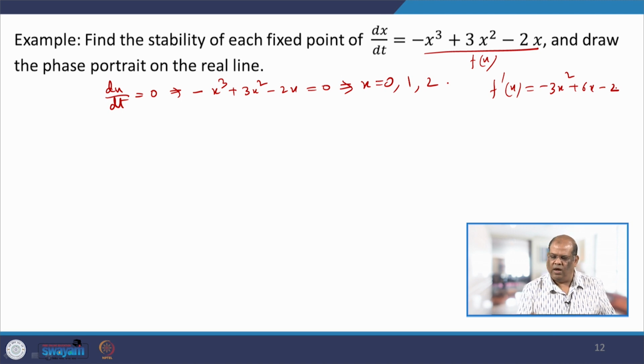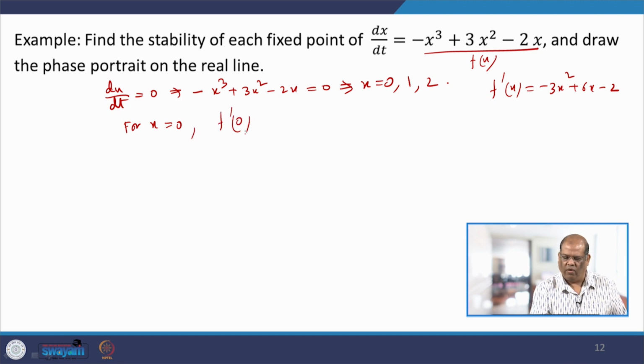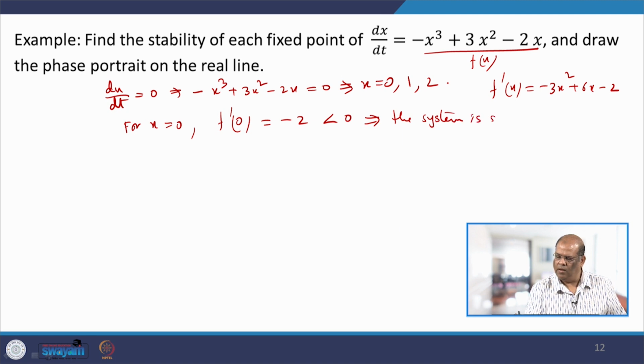Now, you have to consider each x. So, for x equal to 0, we find f dash 0, which is equal to minus 2, which is less than 0, which implies the system is stable about x equal to 0.